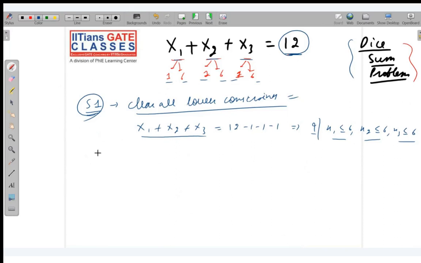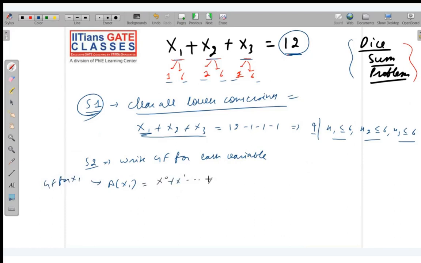Step number 2 is I will write the generating function for each and every variable. Write GF for each variable. So what is the generating function? I will write it like this: A of x1, the generating function for x1. I will write it as x power 0 plus x power 1 and so on.